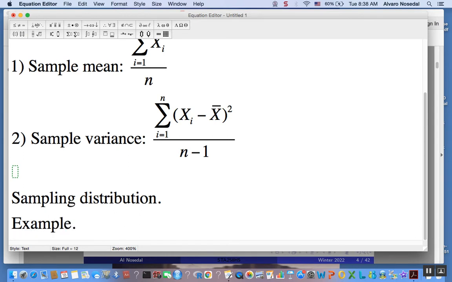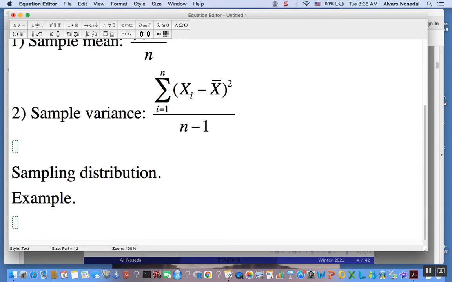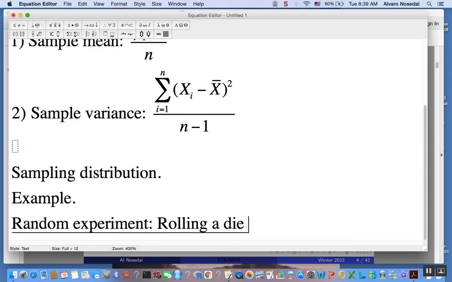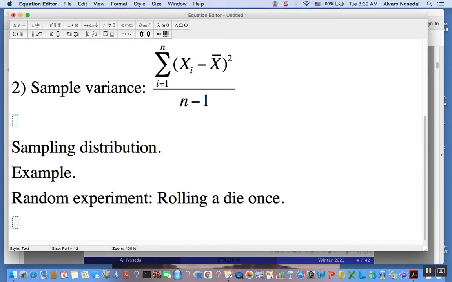Consider the following random experiment: rolling a die once. Now let's define a random variable.